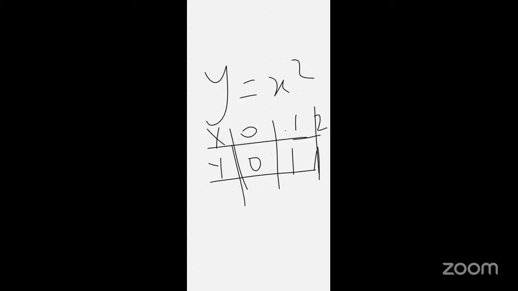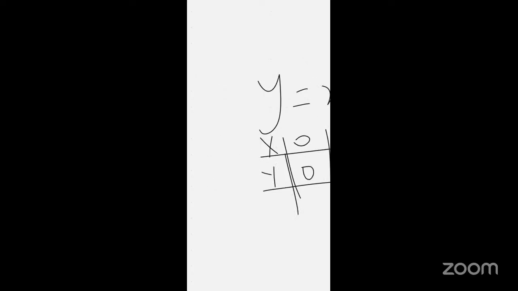So we can have this function f of x equals 2x squared minus 3x.